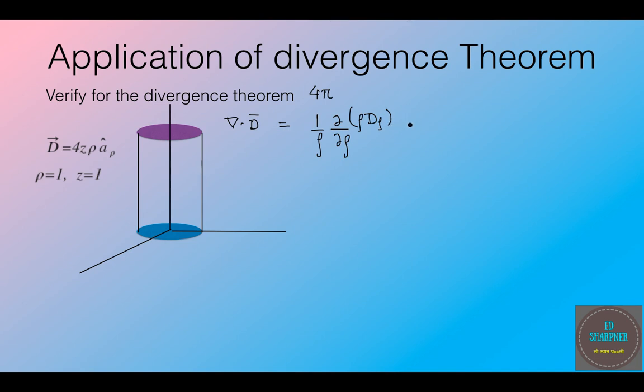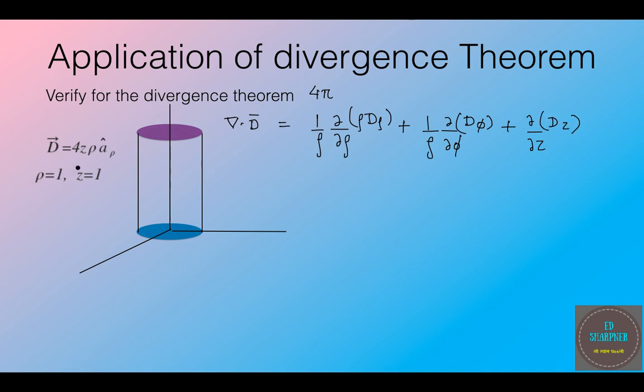We won't write the unit vector, as the dot product of the del and D would give us the scalar. The second term would be 1 by rho del by del phi of capital D phi plus del by del z of capital D z.